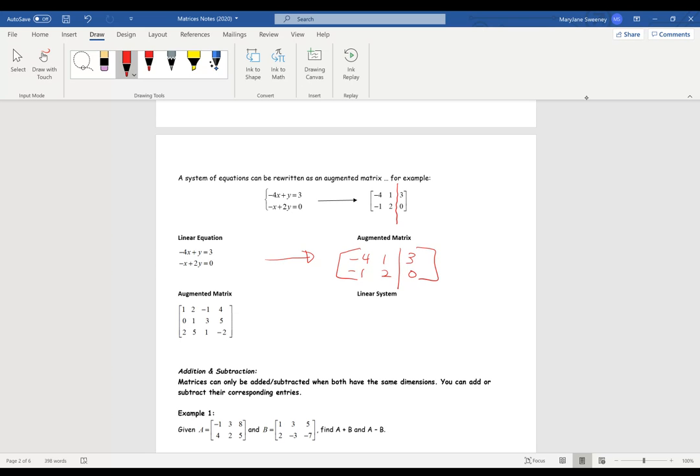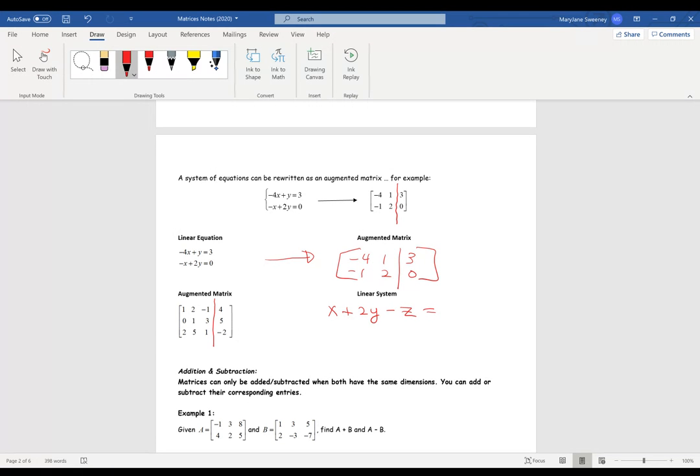Now, if this is the augmented matrix and we want to write it as a linear system, again, if you want to throw a line in there so that you know the 4, 5, negative 2 are on the other side of the equal sign, you can do that. The first column is the x, then the y, then the z.